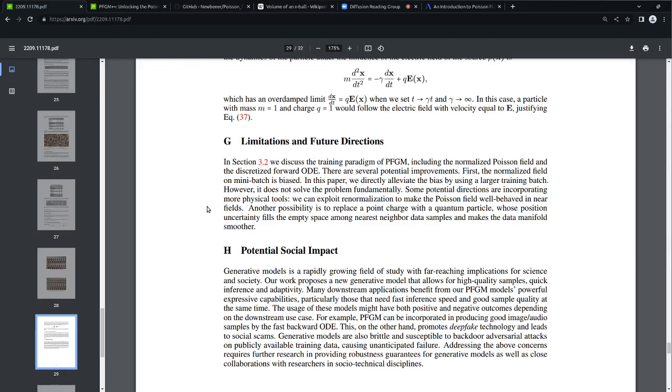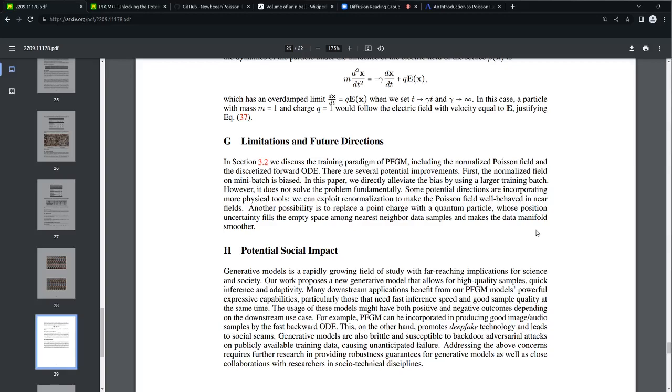And maybe to go back to your question about making it an SDE, they mentioned another possibility: to place a point charge of a quantum particle whose position uncertainty fills the empty space among nearest neighbor data samples and makes the data manifold smoother. That would be an example of taking the physics equation to make it stochastic.